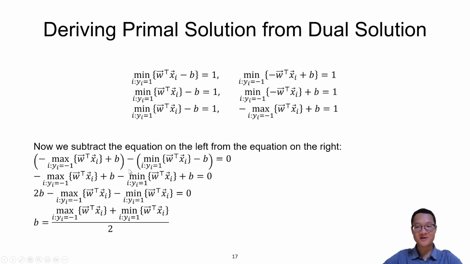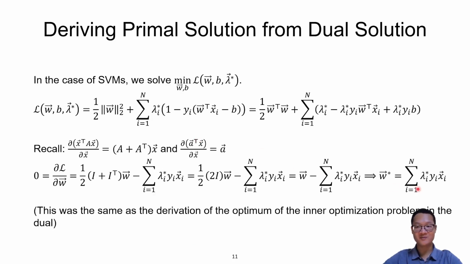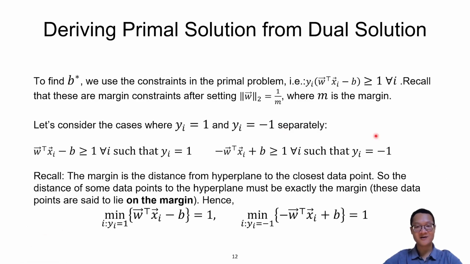Actually, the optimal w was already determined over here when we set the gradient of the Lagrangian with respect to w to 0. So w star was already given. So what we're really doing here is that given w star, we would like to determine b, and we can do that using these two equations. Okay, and so let's do that now.